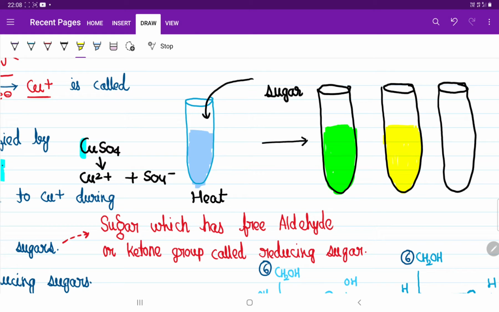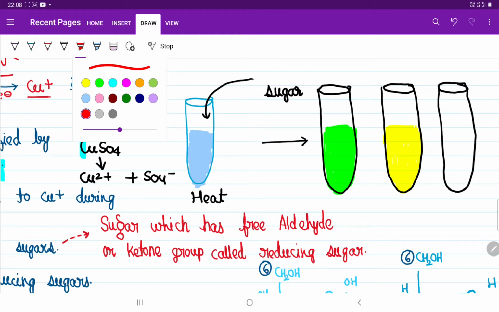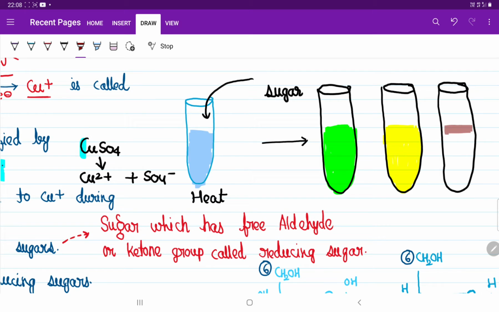After heating it, if you find that the color has changed, like it became green, yellow, orange red, or brick red, that means this sugar is a reducing sugar.